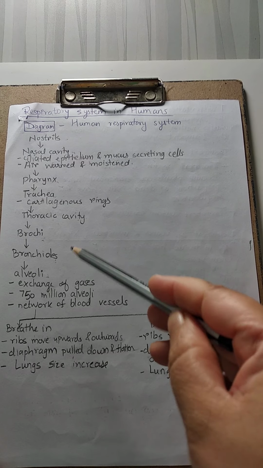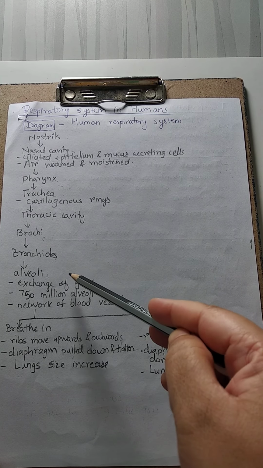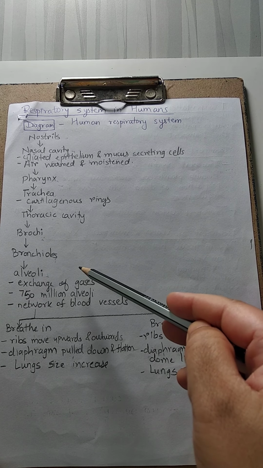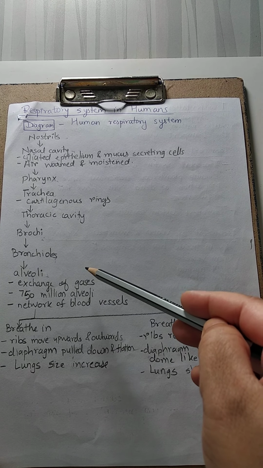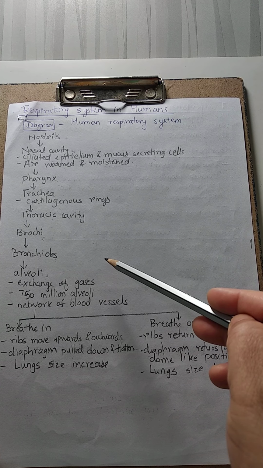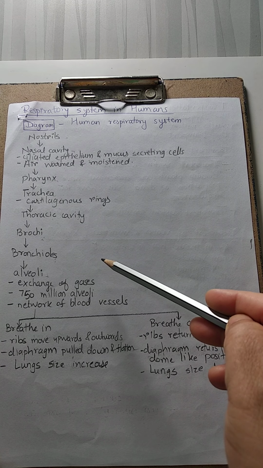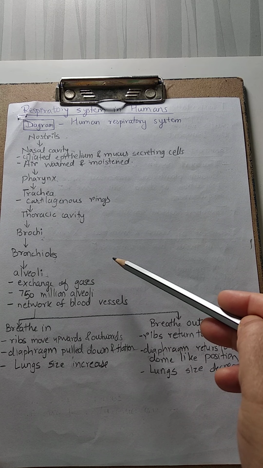Then see bronchioles, then each bronchiole divides into a cluster of tiny air chambers called air sacs or alveoli. Okay, the balloon-like structures we mentioned, we will call them alveoli.